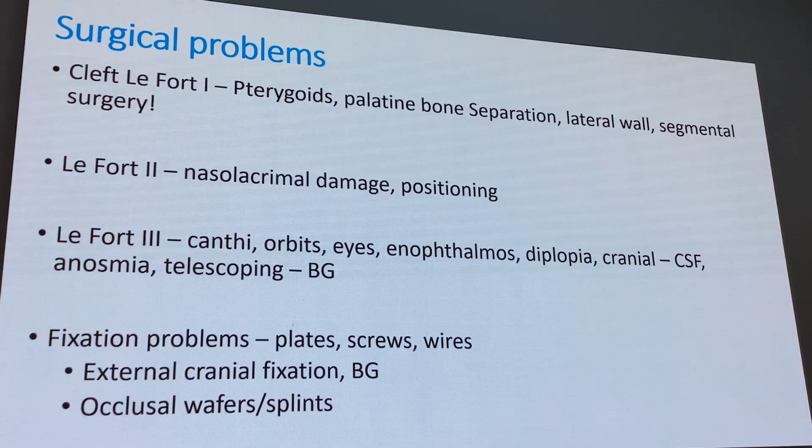Earlier days, as the previous speaker mentioned, we used to only do transosseous wiring. Or we used to do splinting. Make an occlusal splint, put that splint onto the maxilla, and do what is called peri-alveolar wiring. What is that? Have you heard of this? No. How can you not have heard about it?